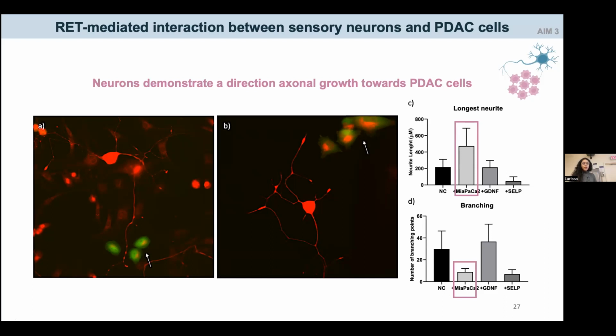In conclusion, the presence of MIA-PaCa cells, which are a source of GFLs, GDNF, likely influences the directionality of neurite outgrowth towards these cancer cells. So this can be a sign of the significance of the GFL-RET axis in facilitating the crosstalk between the cancer cells and nerves.